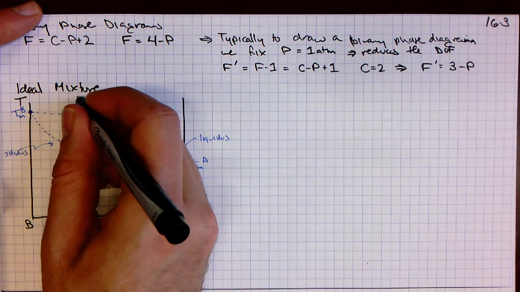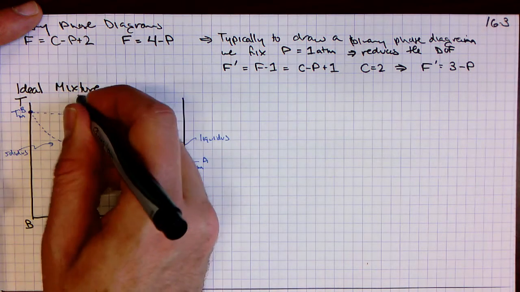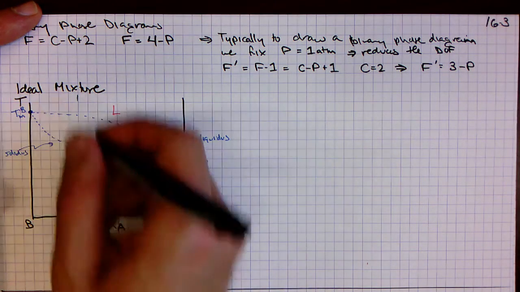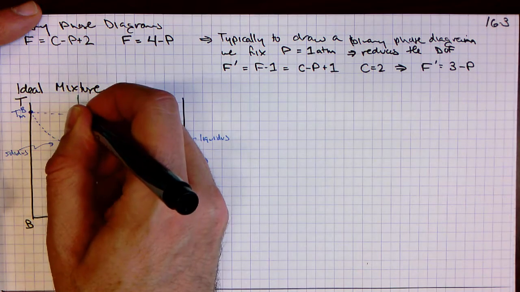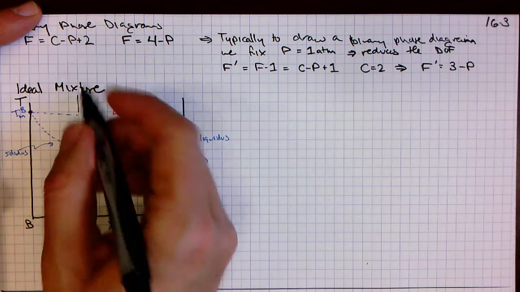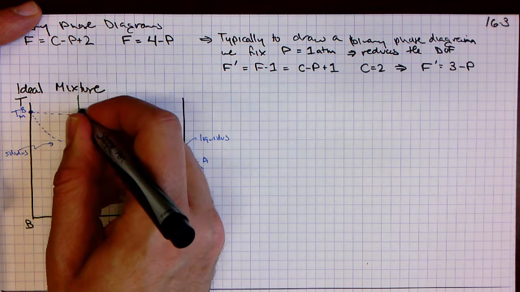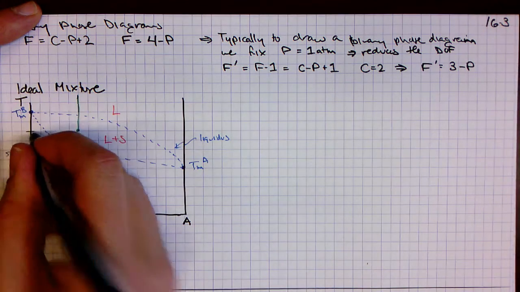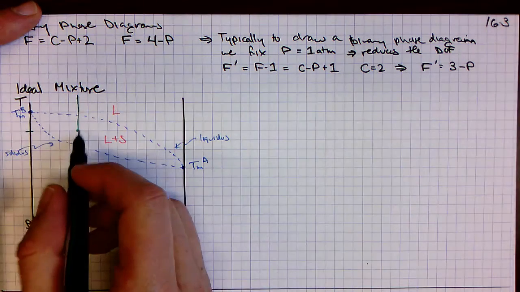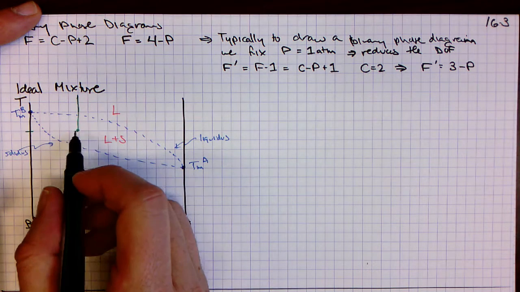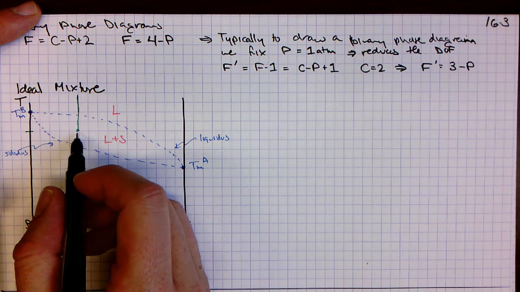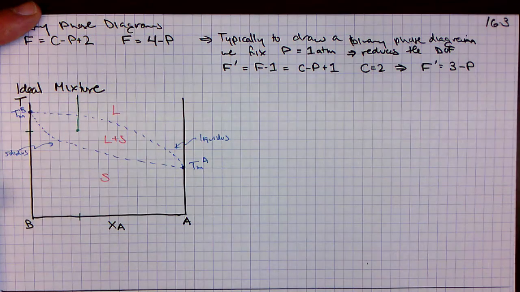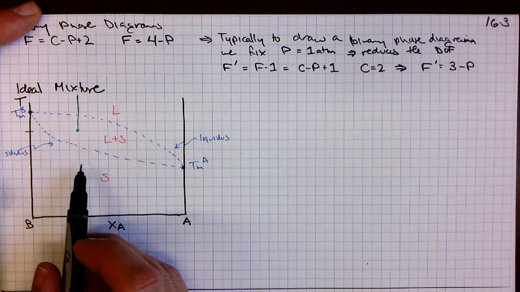So if we started here, let's say at this composition, and we started decreasing the temperature, initially we would have a homogeneous liquid, but if we decrease the temperature to some temperature here, then we wouldn't have pure liquid, we would have liquid and solid, right? And so we could ask, what is the composition of the liquid and the composition of the solid, and what are the numbers of moles of liquid and solid available?